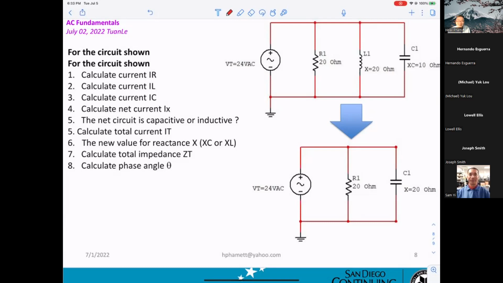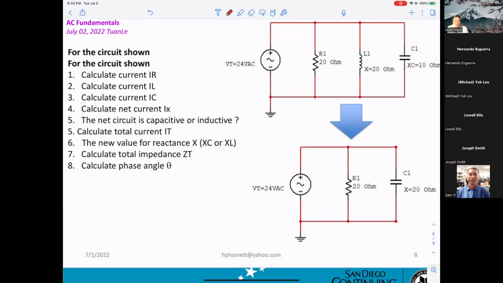For the complex number, you don't care which one is leading. For series RC circuitry, you know IC leads VC by 90 degrees. And for RL, VL leads IL by 90 degrees.